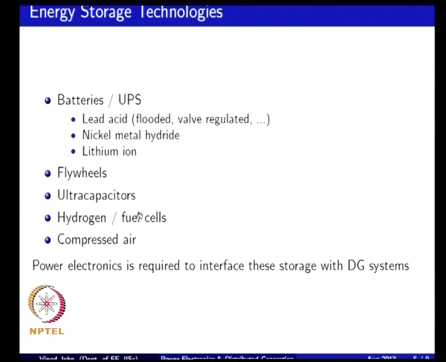Again, if you have a system where you could produce hydrogen and consume hydrogen, you could think of the fuel cell as an energy storage element, where the storage capacity depends on your storage capacity of hydrogen. Okay. People have also looked at other methods like compressed air, etc. And for all these systems, you would require power electronics to interface the storage element with the AC electric grid.